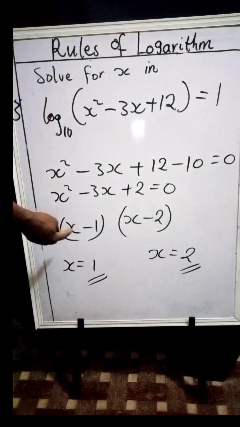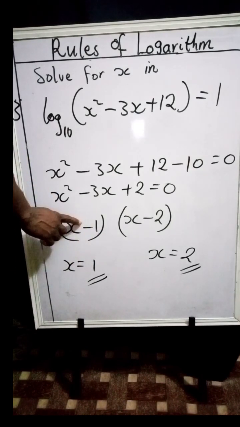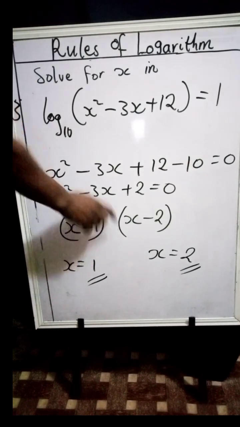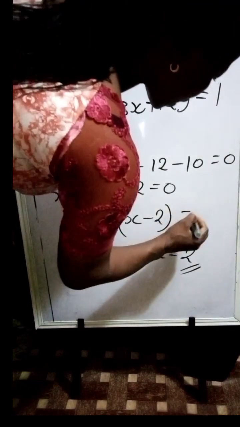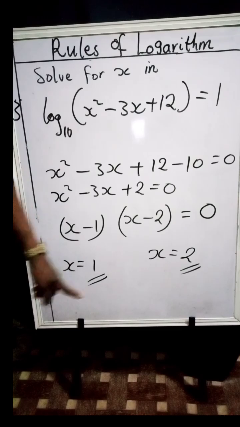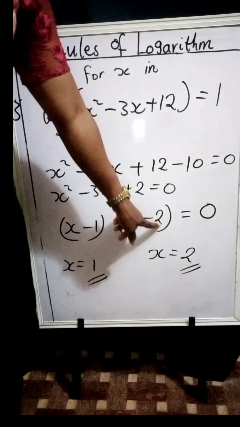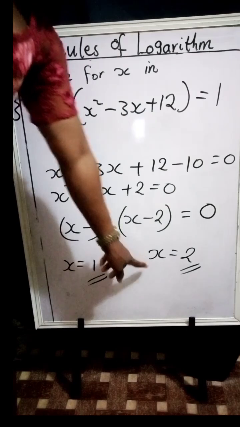Then when x minus 1 is equal to 0, x is equal to 1. And when x minus 2 is equal to 0, x is equal to 2.